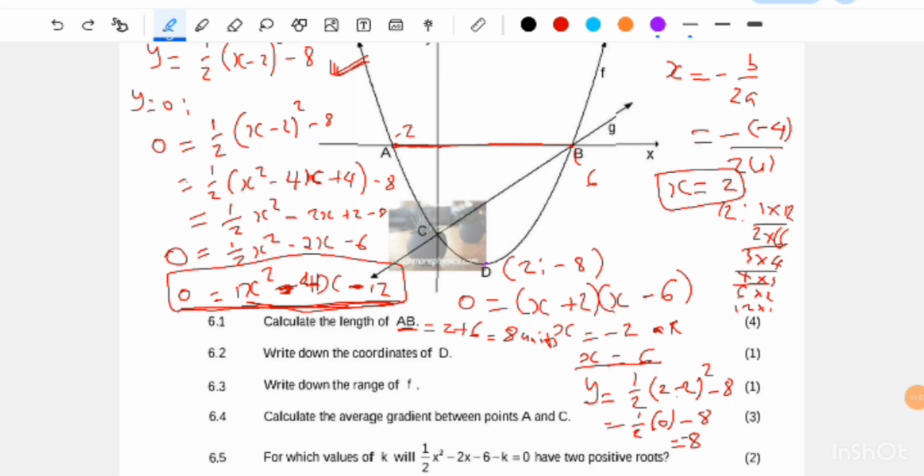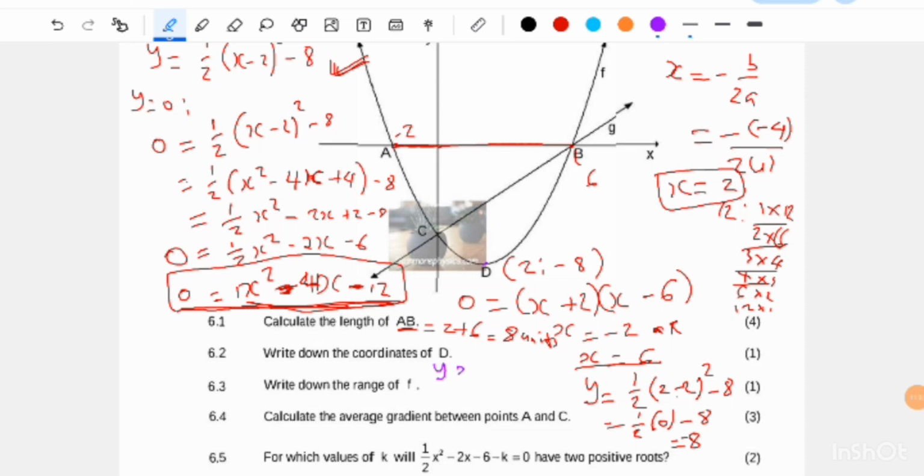So we'll say our range is when y must be greater than negative 8, because that is where our minimum value of y is.